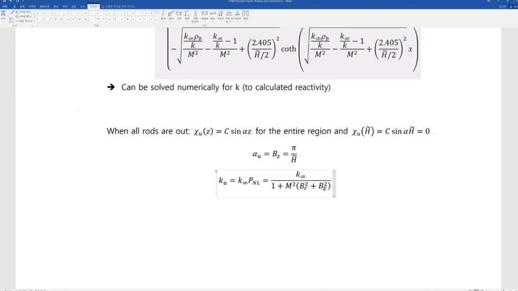So that can be found in equation 7.49, in our textbook.